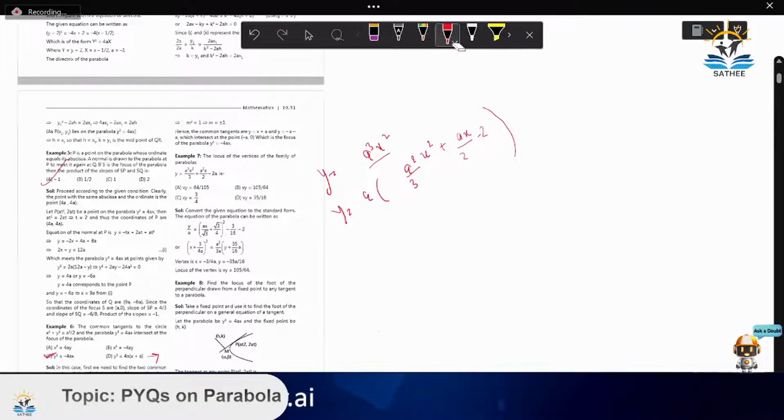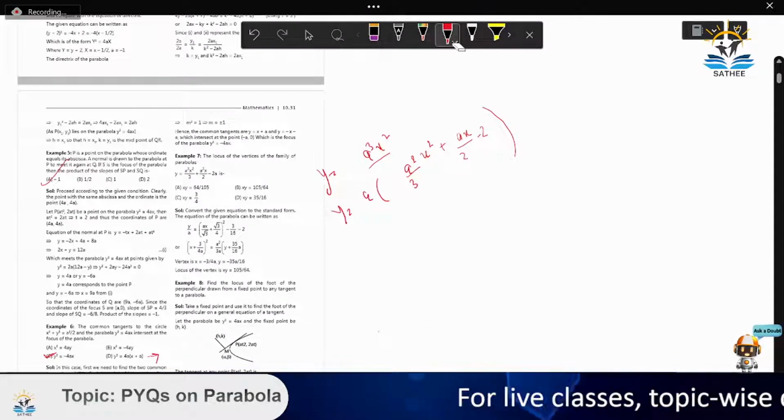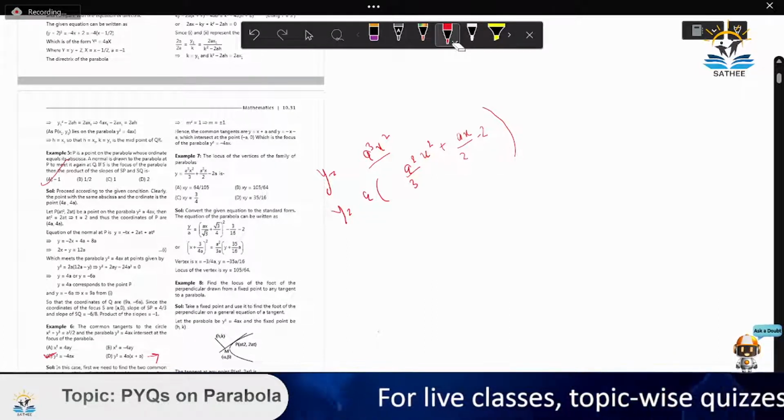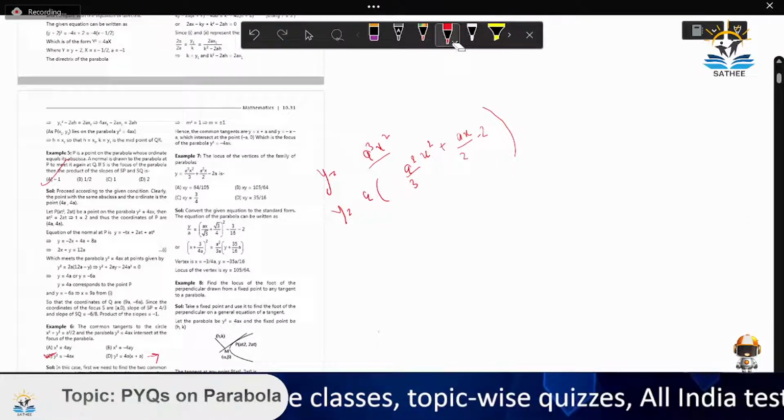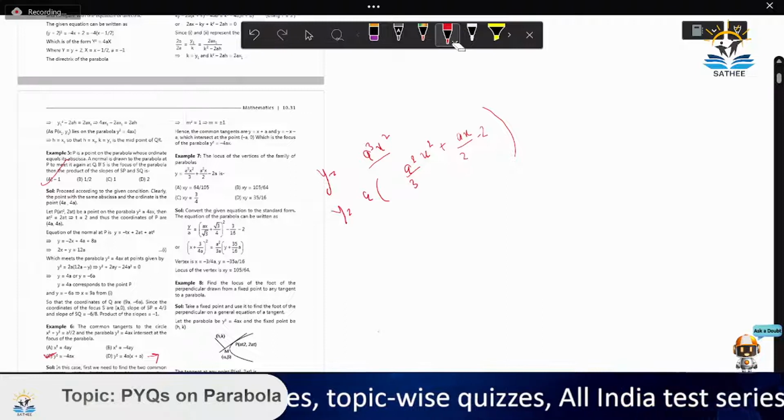And now, okay, just give me a minute. So what we can do is convert them into a perfect square form and get our values out. And we'll do that because that is the easiest way out.